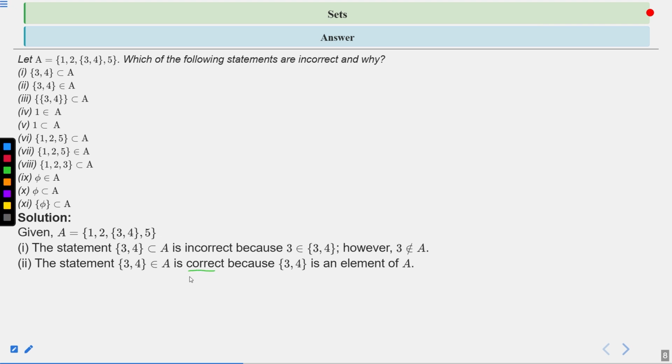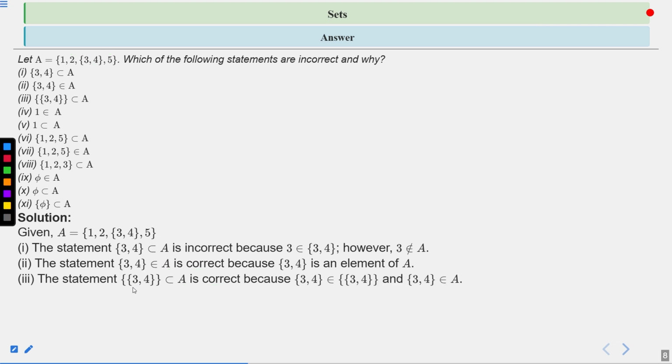Now for second. It is correct, because here we are treating this set as an element of set A. So indeed, as you can see, we have 4 elements: 1, 2, this set, and 5. These are 4 elements of A. So correct.